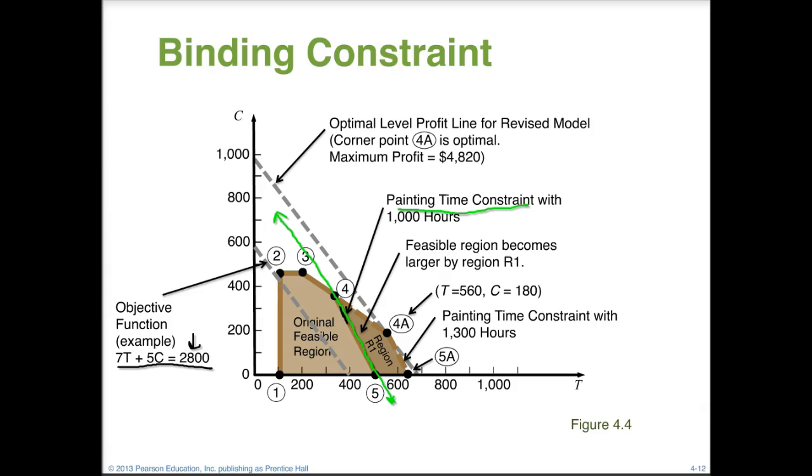But what happens if we say I can increase the hours of painting I can pay my workers for from 1,000 hours to 1,300? Then that line switches, and now it looks like this. I'm going to draw that.